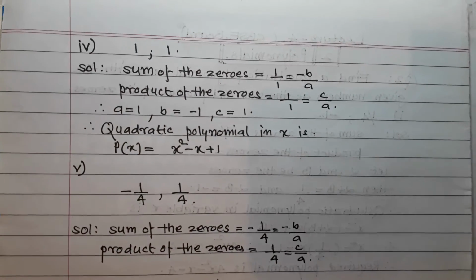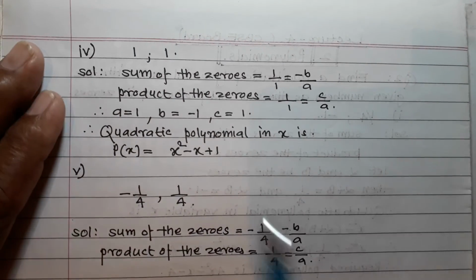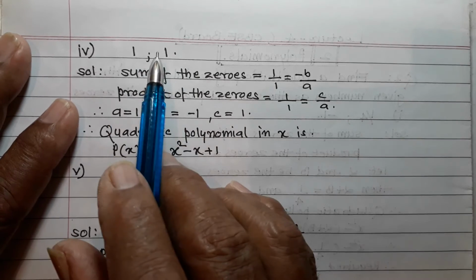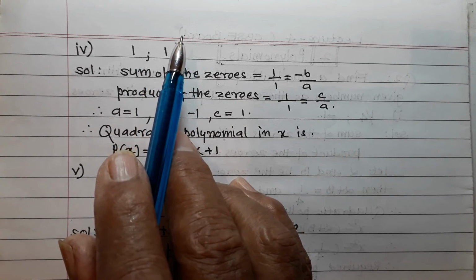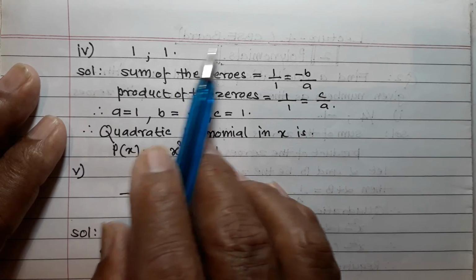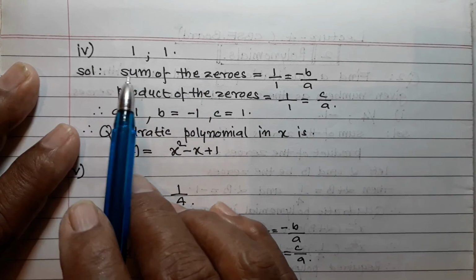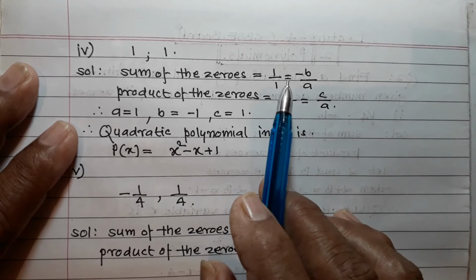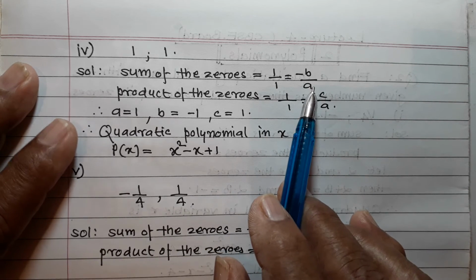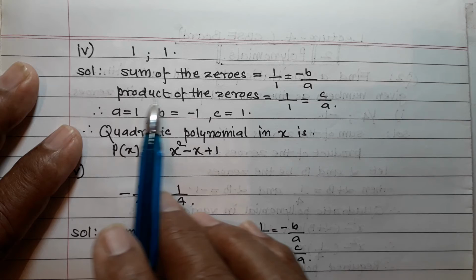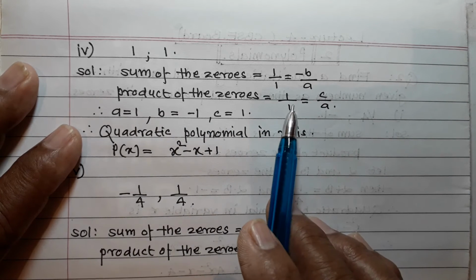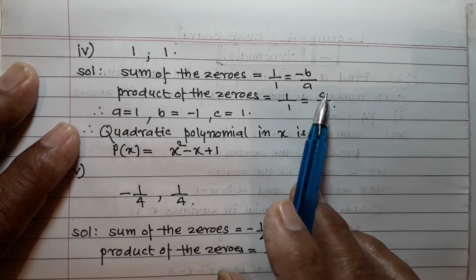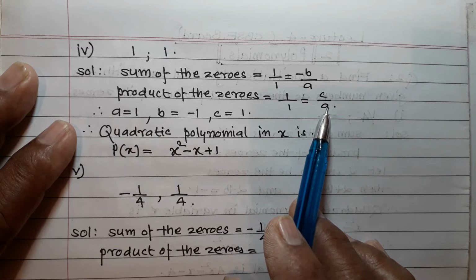Then question number 4. Sum of the zeros is equal to 1 and the product of zeros is also equal to 1 given. Solution, sum of the zeros is equal to 1 upon 1, that is equal to minus b upon a, and the product of zeros is equal to 1 upon 1, so that is equal to c upon a.